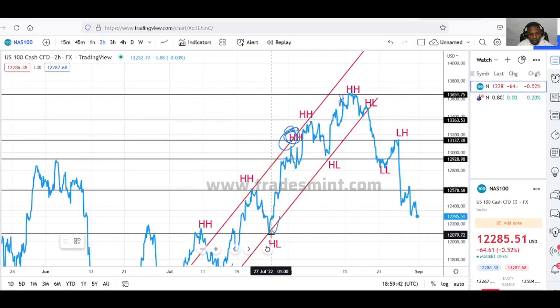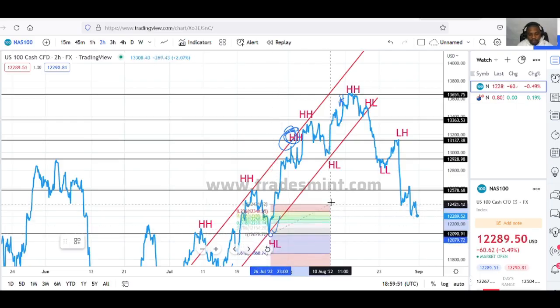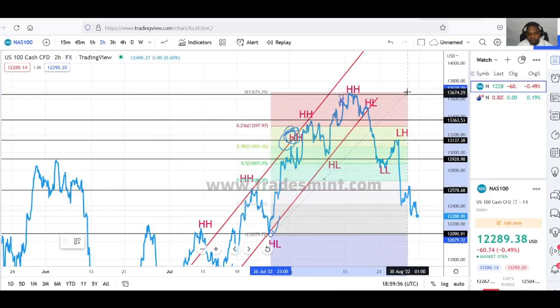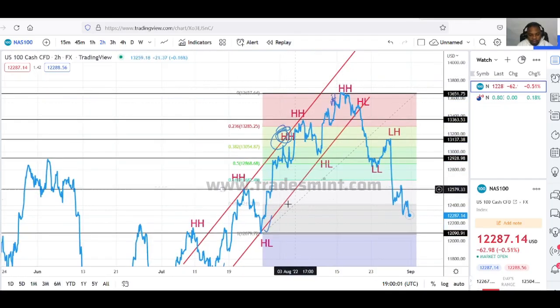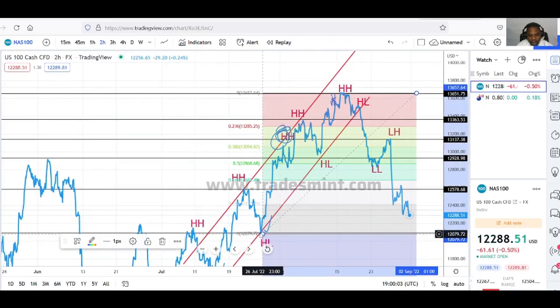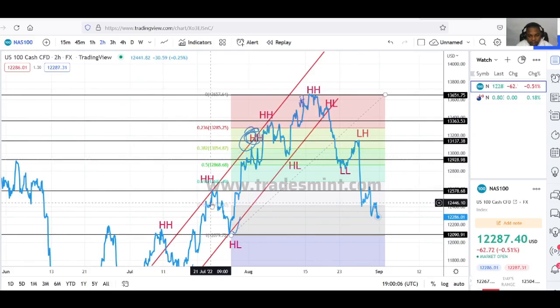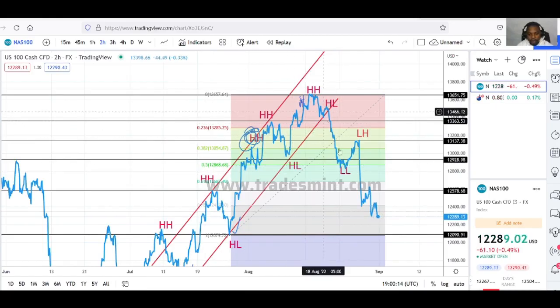Always start from the position, draw your resistance and your support, and then from your resistance down to your support, or from your support up to your resistance, make sure you cover them nicely there. And then, as you can tell, the Fibonacci retracements do not tell the direction. However, they help you to know where you are playing, or where it is highly likely to retrace.